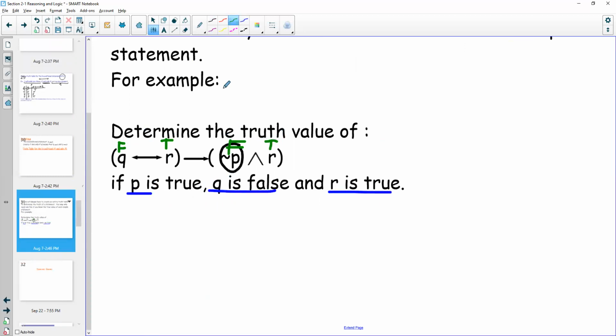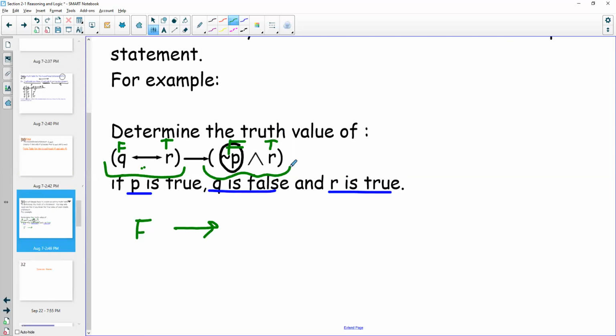Now, look at the first piece here. False if and only if true. Well, we just learned that the only time a biconditional is true is if they're the same truth value. These are not the same, so that's got to be false. Then let's look at this parenthesis. Not P is false and R is true.